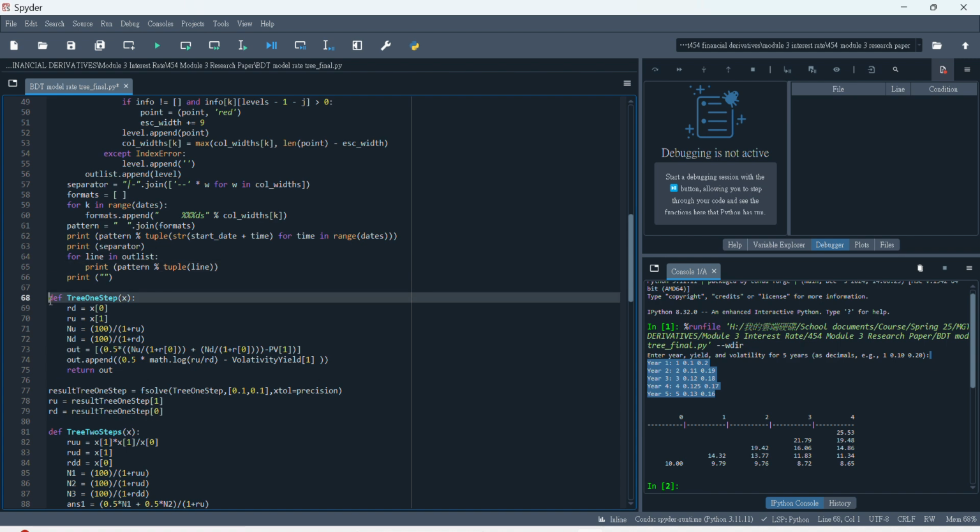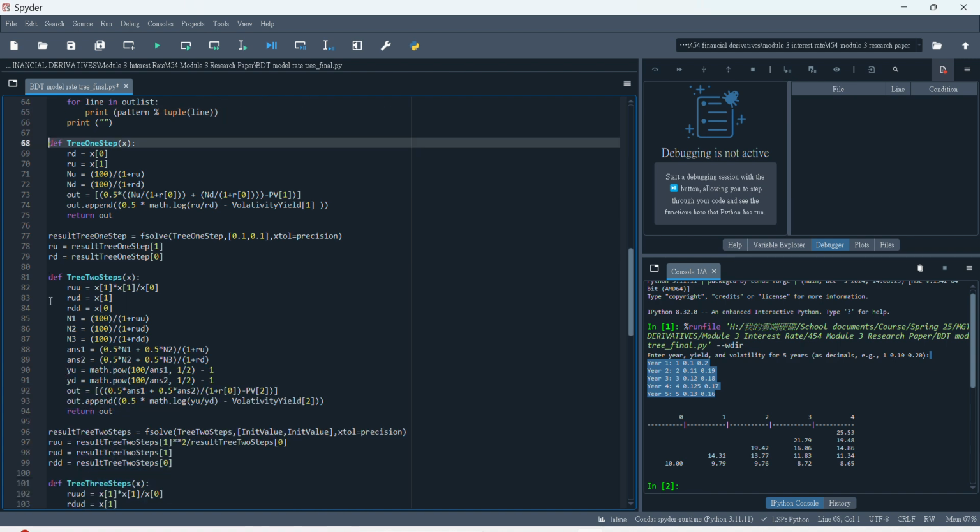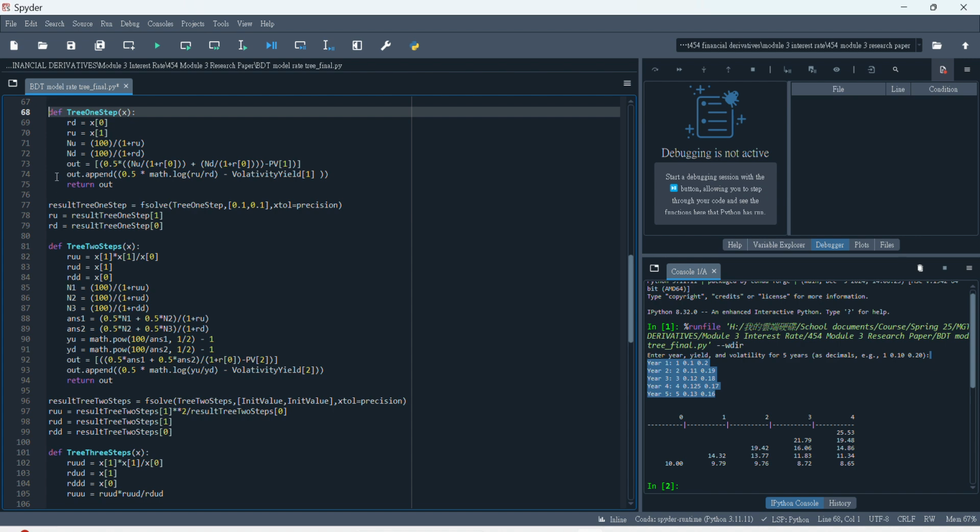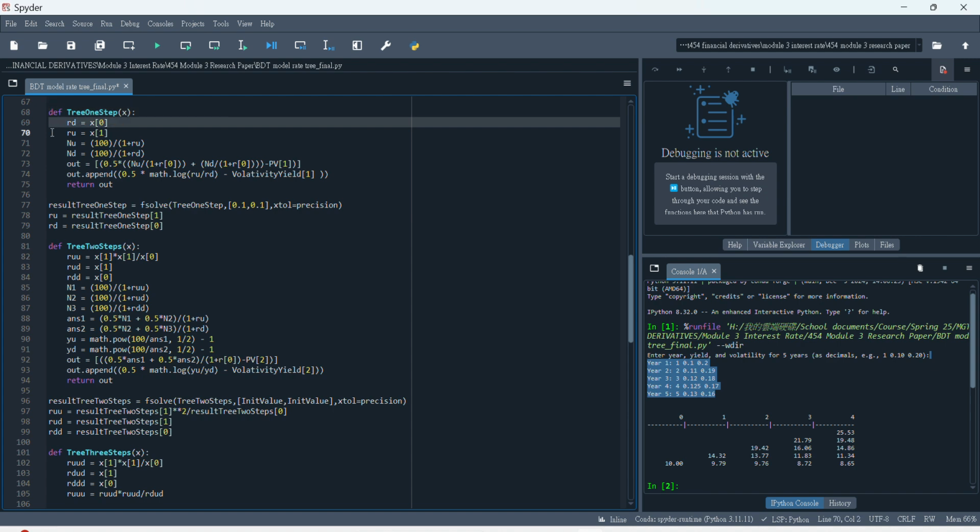Next is our main part of the model, the rate calibration. For year 1, 1 step, line 68. The logic is that first we guess the rates RU and RD, calculate the bond prices at trial nodes, and enforce 2 conditions.